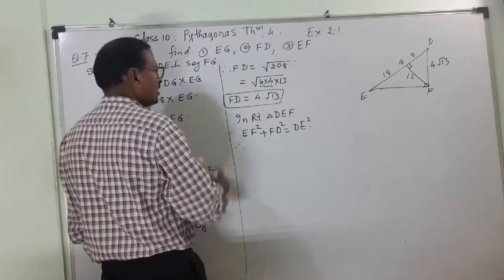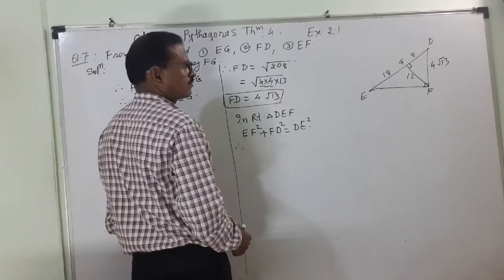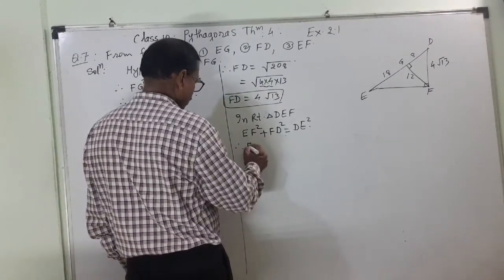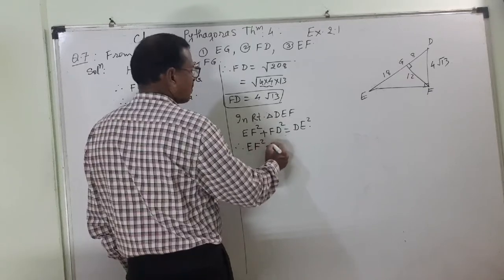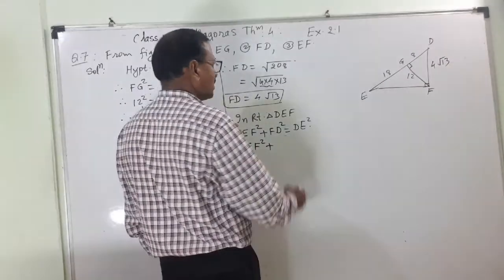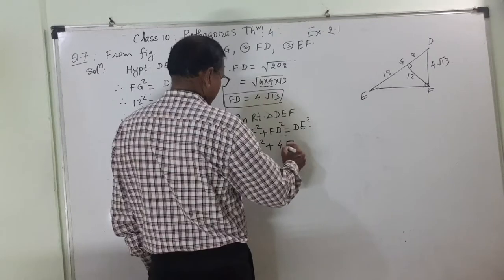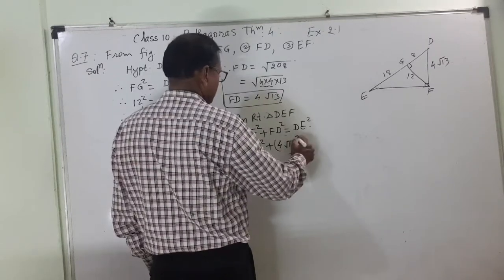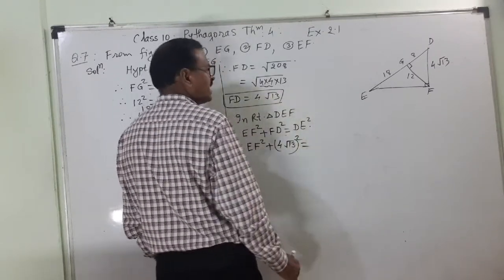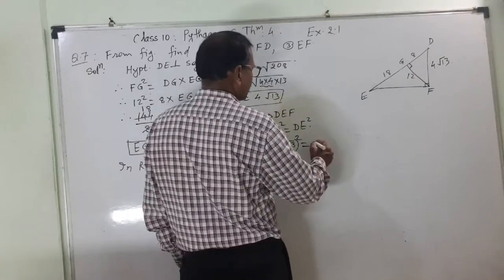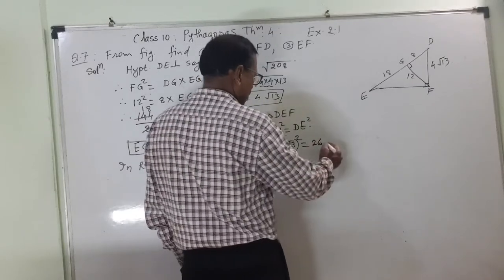Now EF we don't know. EF square plus FD, that is 4 root 13 bracket square, is equal to DE, that is equal to 26. How?